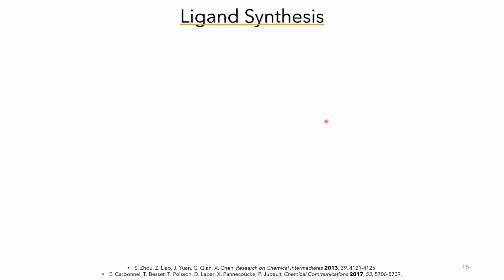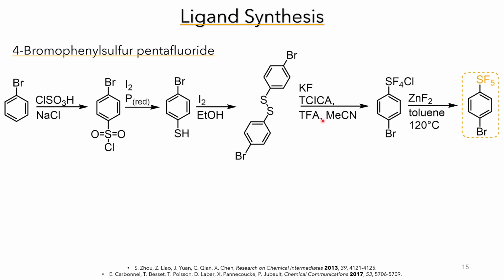So the route to ligand synthesis, I propose, should first involve the formation of brominated phenyl-sulfur pentafluorides. I propose that we could use bromobenzene to form this thionyl chloride derivative here, and from this we can then do a reduction to form the brominated thiol.